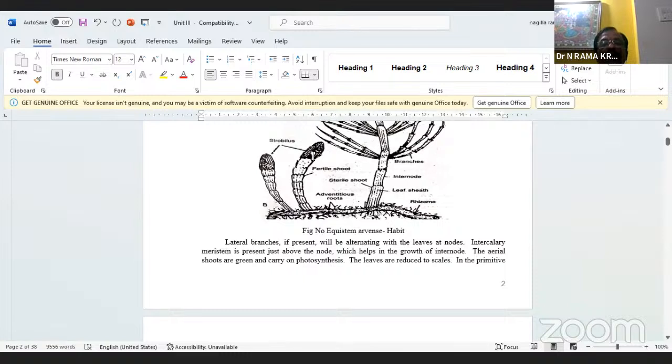here one of the cells is going to be modified into spores. The cone axis produces conical structures, which we call sporangiophores. The sporangium initial divides periclinally, producing an inner cell and an outer cell.